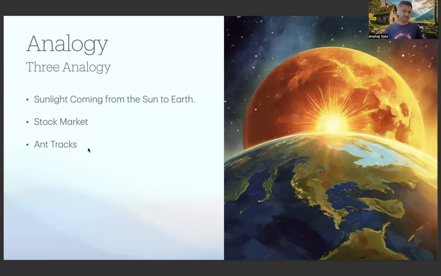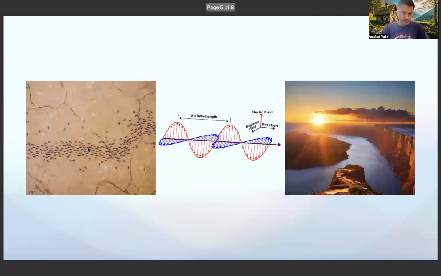So what I'm trying to say is that the seemingly random paths of ants are actually highly organized, much like the structured propagation of electromagnetic waves. You see how the ant tracks are not a straight line, but they are all following a pattern.